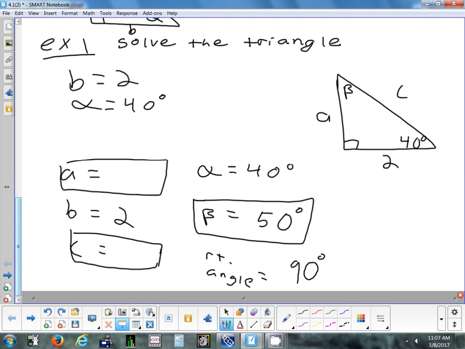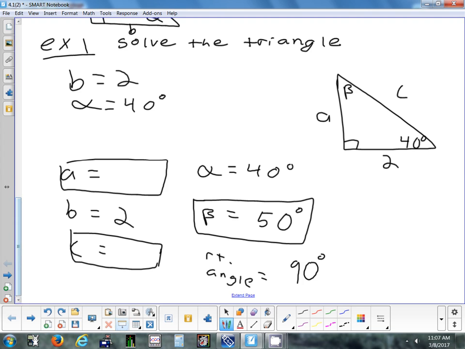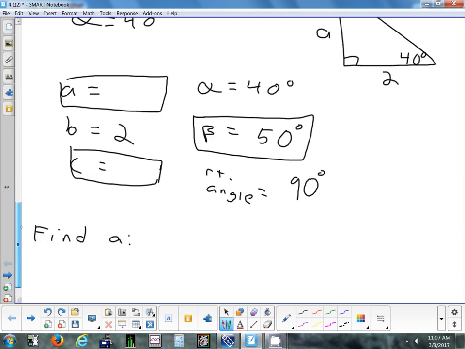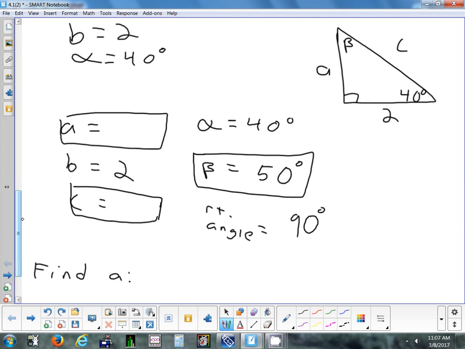All right, so now to find A and C, it doesn't matter which one we do first. Okay, we can do either one. So which one do you guys want to find first, A or C? A. Let's find A. Okay, to find A, I'm going to go back and look at my diagram. I'm going to circle the two things that I was given.